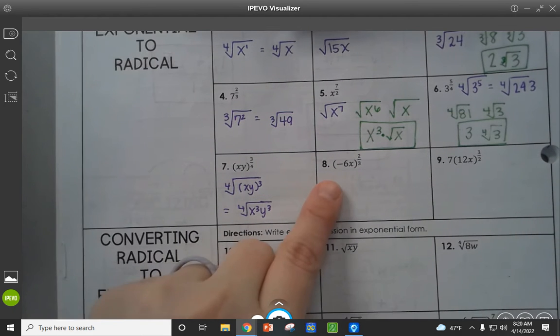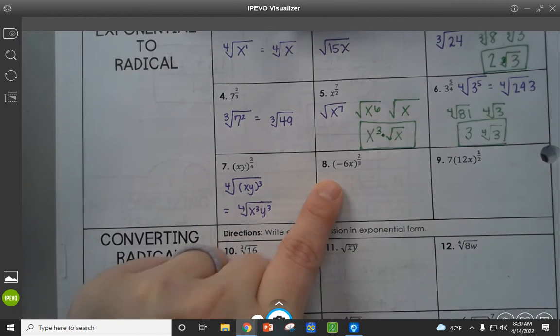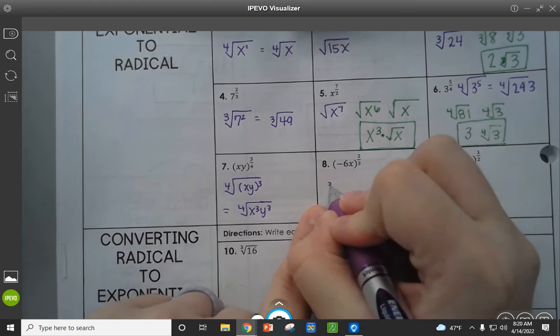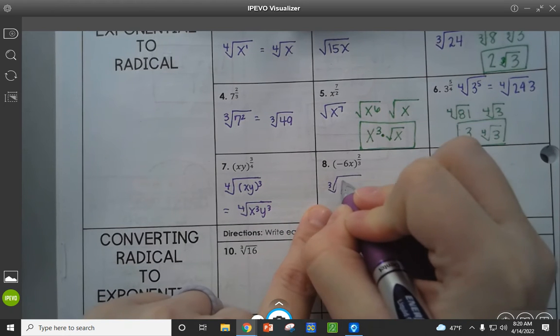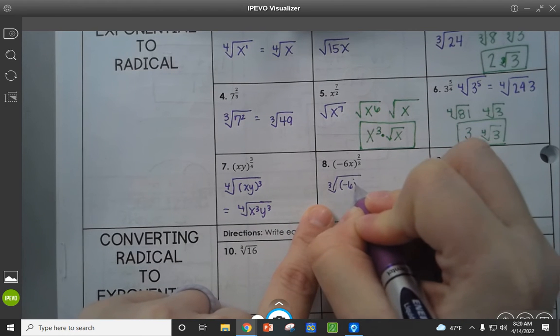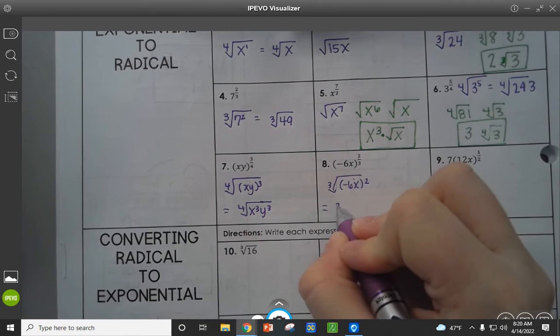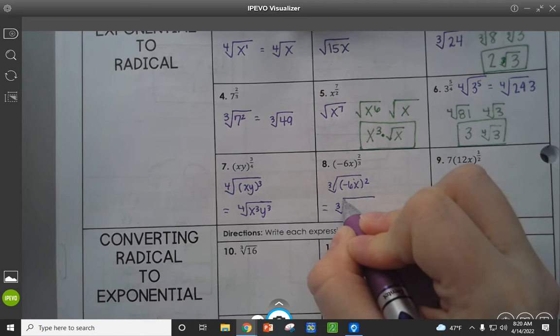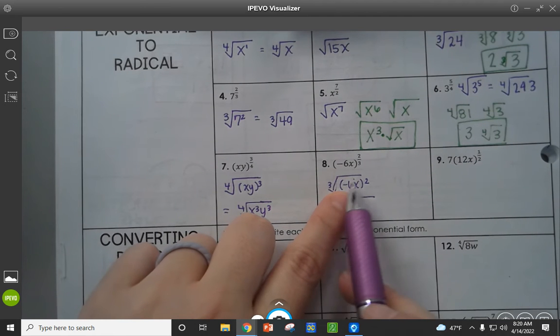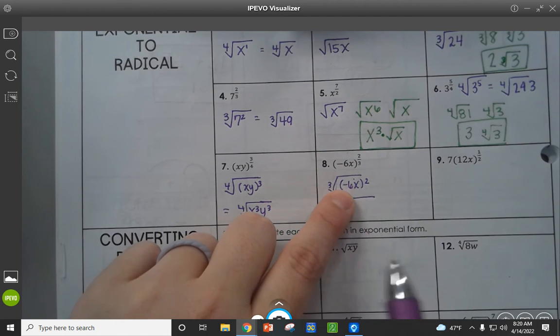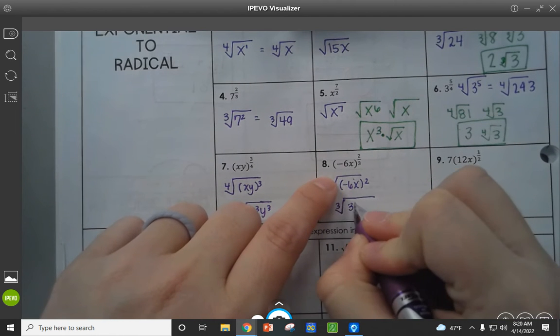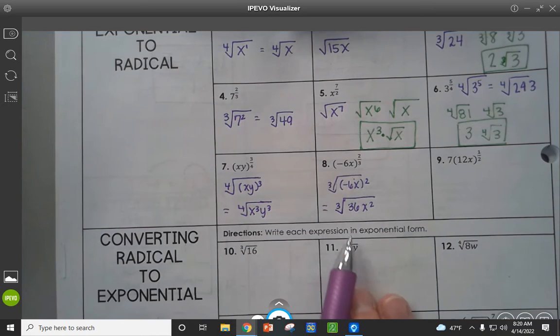All right, number 8, what root do we have? This is the cubed root of negative 6x squared, which is the cubed root of, what's negative 6 squared? 36x squared.